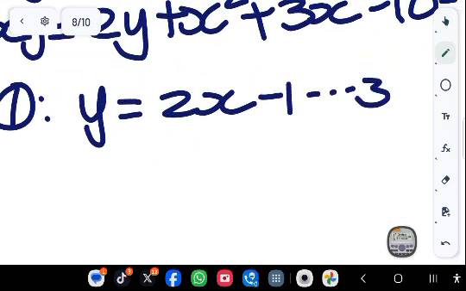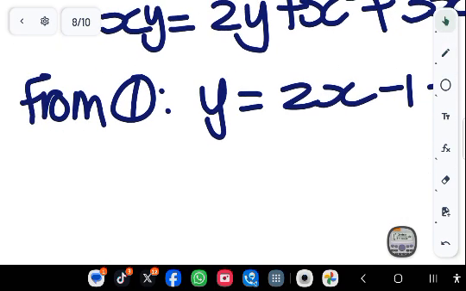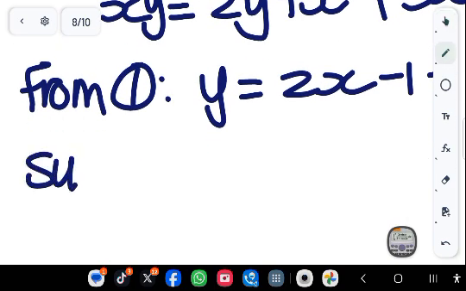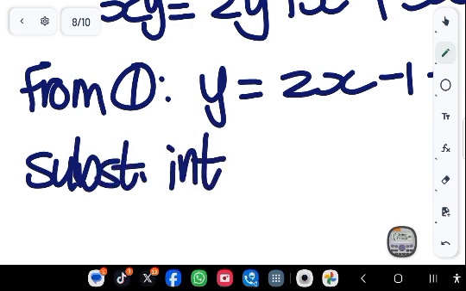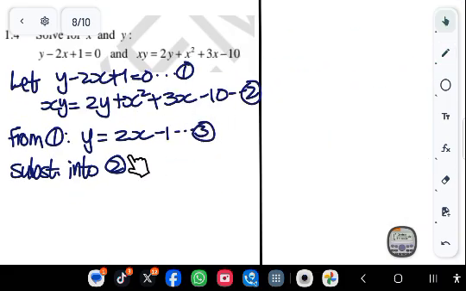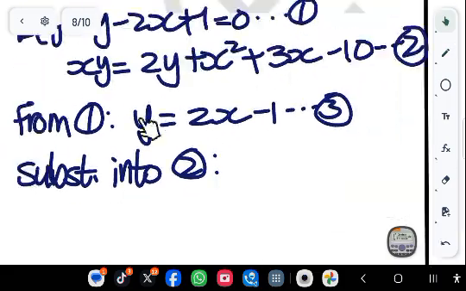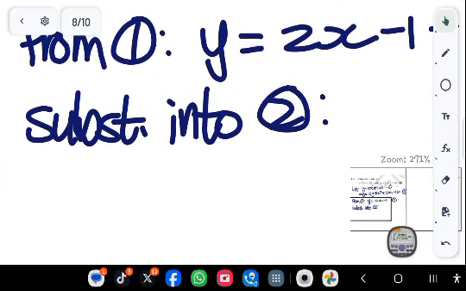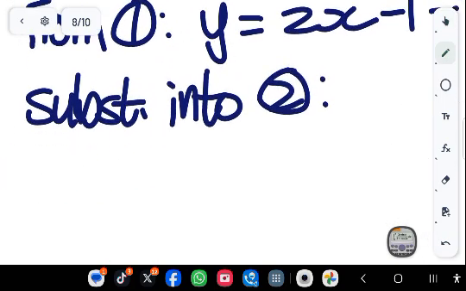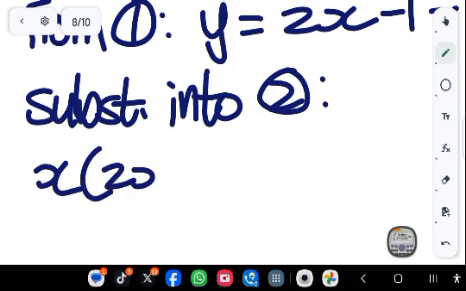And we'll call that equation 3. All right, now substitute into equation 2. When we substitute 3 into equation 2, wherever there is y, you put 2x minus 1. So that will be x, 2x minus 1.